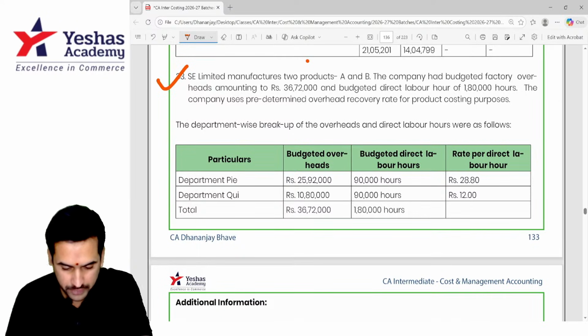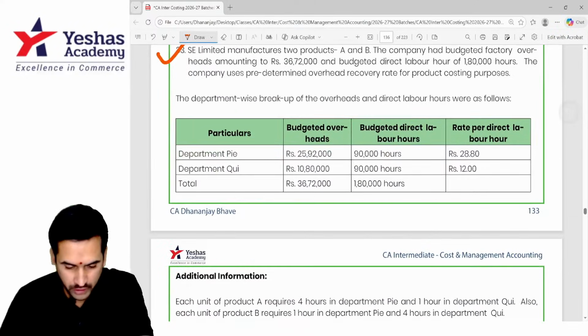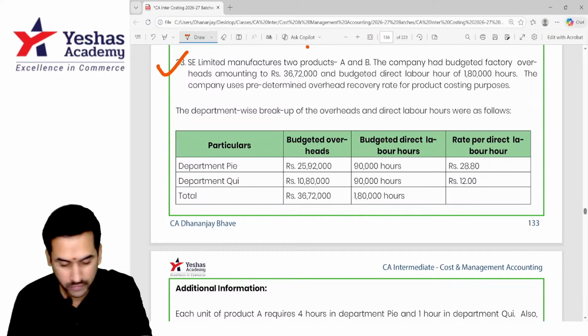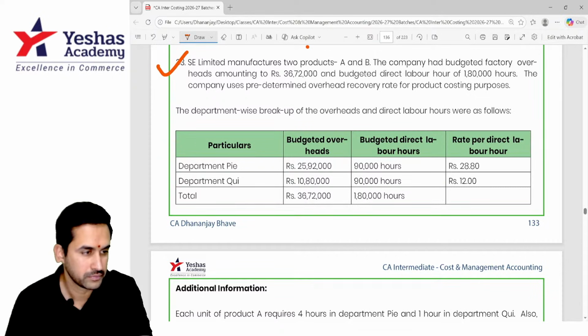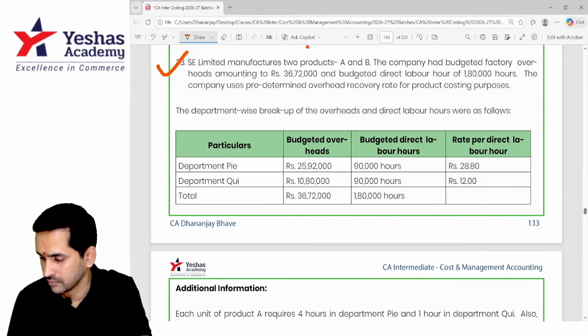Last class we did up till 32. I have to start from 33. Am I correct? Can I start?